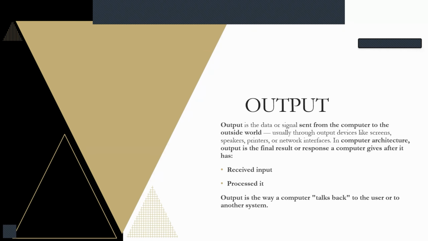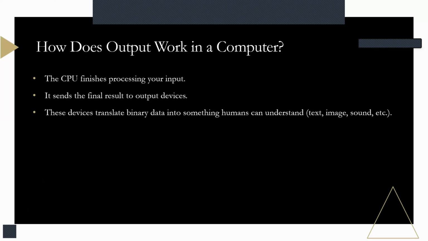And we also look at how output works. The CPU processes your commands, then sends the results to an output device. Then this device converts computer data into something we can understand, like an image, sound, or document. We also look at output devices and their functions.